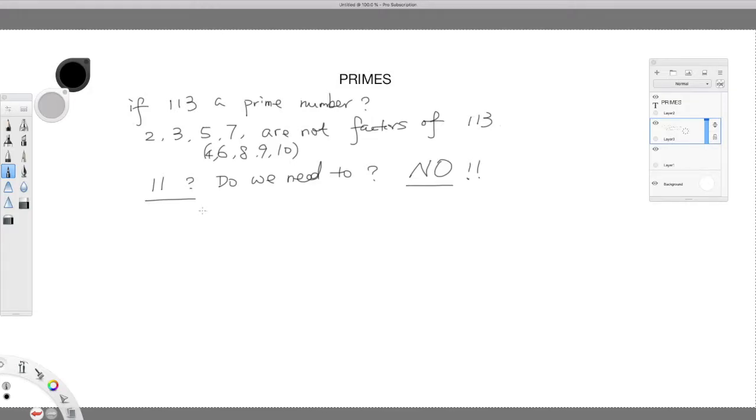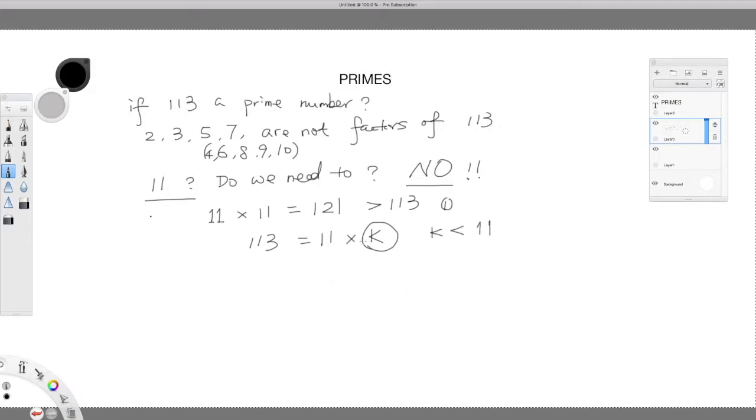Let's say 11 is a factor of 113. But since 11 times 11 already equals 121, bigger than 113, right? So if 113 equals 11 times something, let's say it's a multiple of 11, so 113 has to equal 11 times k, right? This k has to be less than 11, right?